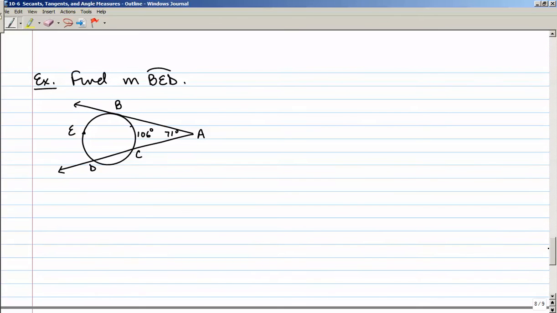Here's another example. Here we have a secant, which is AD, and a tangent, which is AB, and we're going to use the same theorem. We need to find the measure of arc BED. And in this case, we're given the measure of the angle. So the measure of the angle, which is 71, is equal to 1/2 of the measure of the big arc on the outside, and I'm going to call that X just to make it a little bit easier.